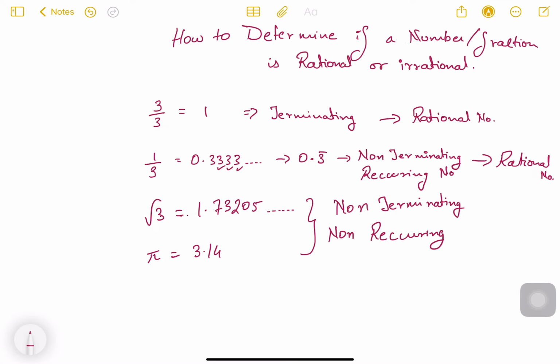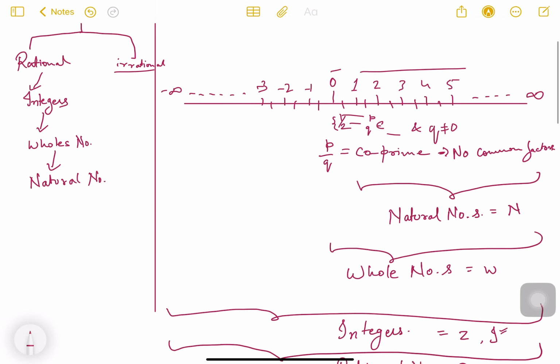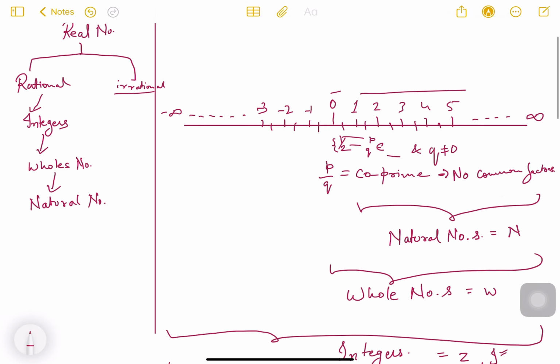That's why they are irrational numbers. Fine, you got that? I hope you are getting it. So what do we understand?